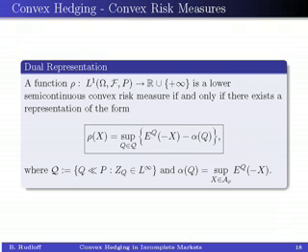And it is also well known that for lower semi-continuous convex risk measures, we have a dual representation. So we can write this functional to be the supremum of the expected loss, where the expected loss is reduced by a certain penalty term, which depends on the probability measure Q. And we take the supremum with respect to all probability measures that are absolutely continuous with respect to the original measure we started with and have a density in L infinity.